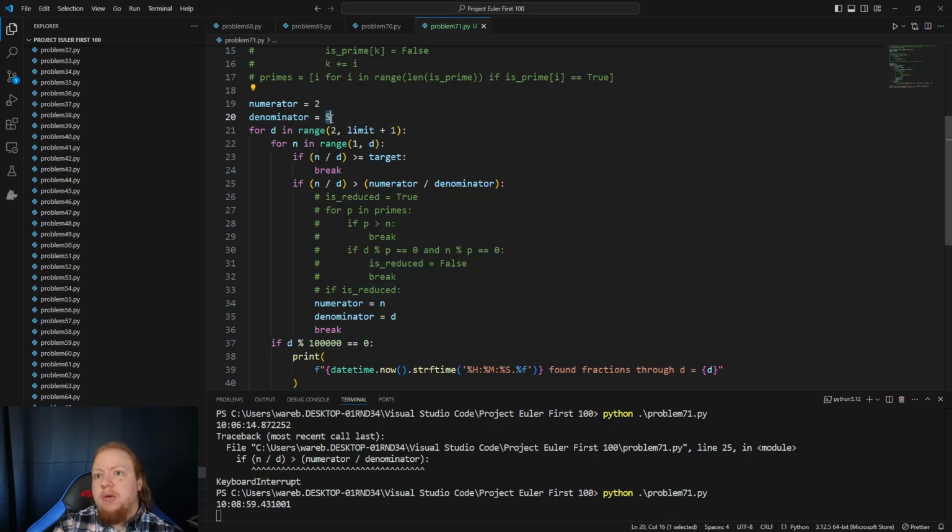So, like, 2 over 5. The next fraction that is equal to 2 over 5 is going to be 4 over 10. But 4 over 10 would be equal to this, not greater than it. So I don't think we need to even calculate the reduced ones.